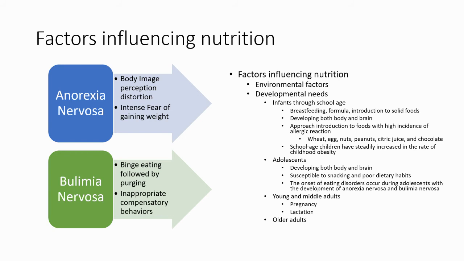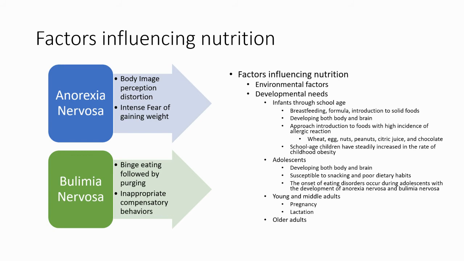In adolescence, adolescents are also developing both body and brain, and they're very susceptible to poor dietary habits. About 25% of their daily nutritional intake is through snacking. And this is the time frame that we see the onset of eating disorders such as anorexia nervosa and bulimia nervosa.